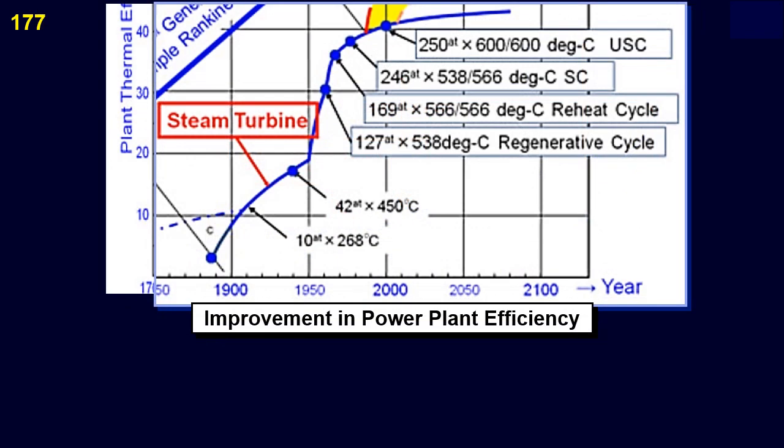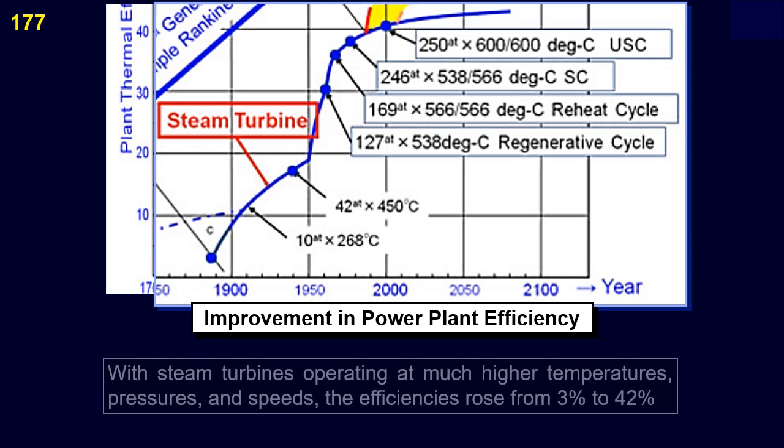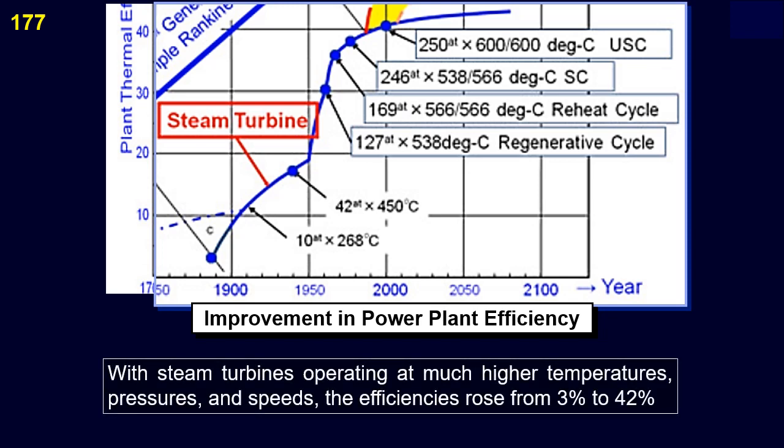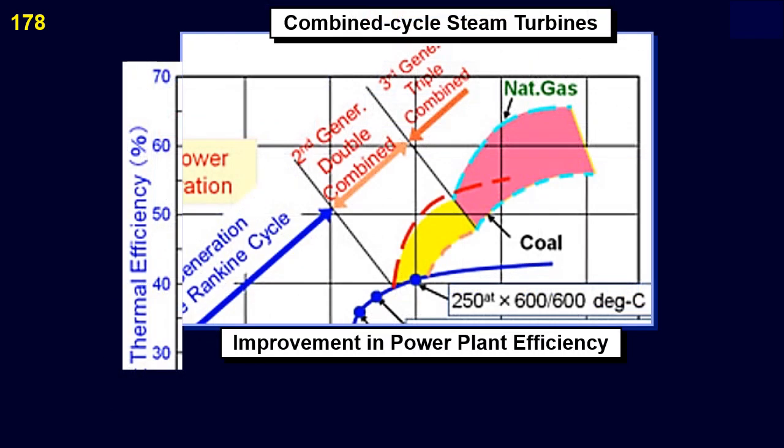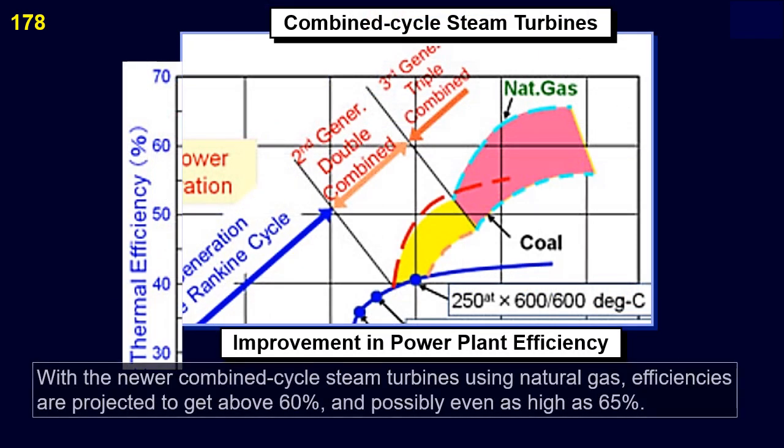With steam turbines operating at much higher temperatures, pressures, and speeds, the efficiencies rose from 3% to 42%. With the newer combined cycle steam turbines using natural gas, efficiencies are projected to get above 60%, and possibly even as high as 65%.